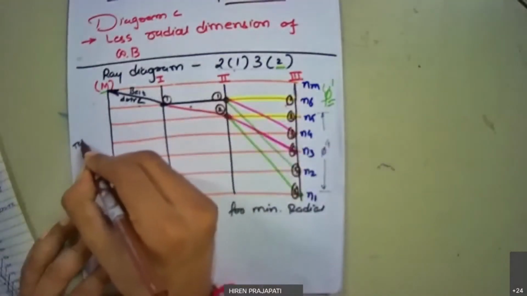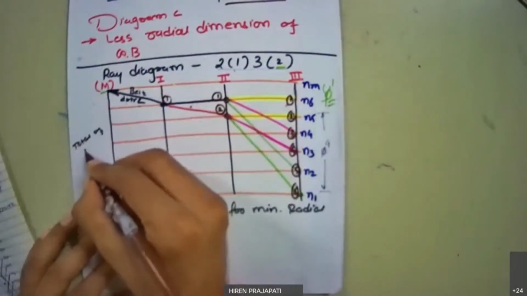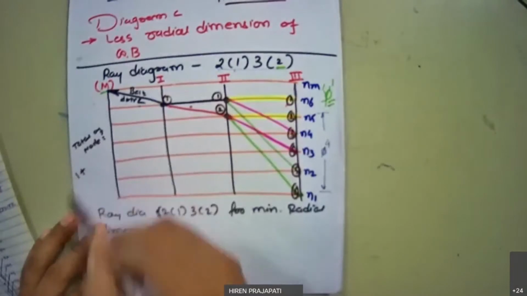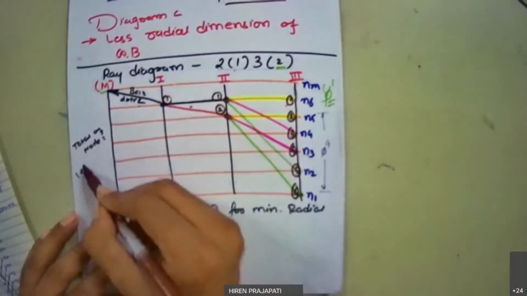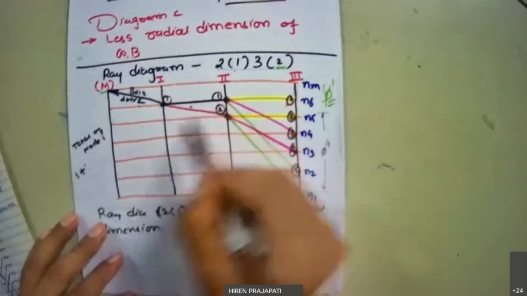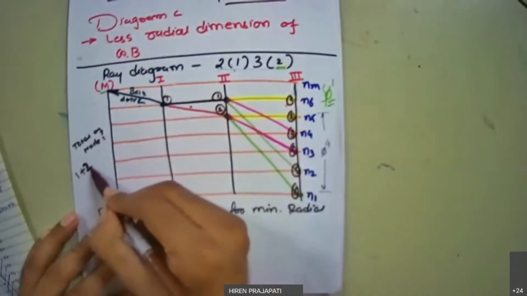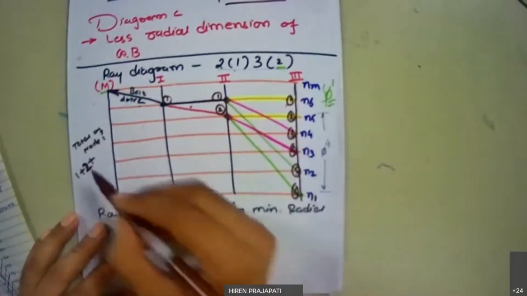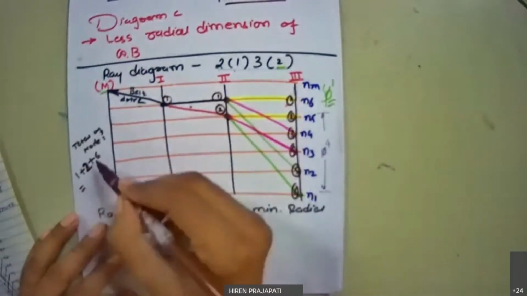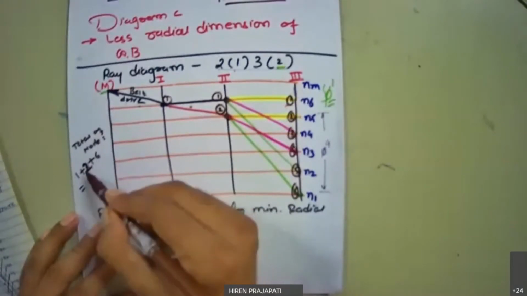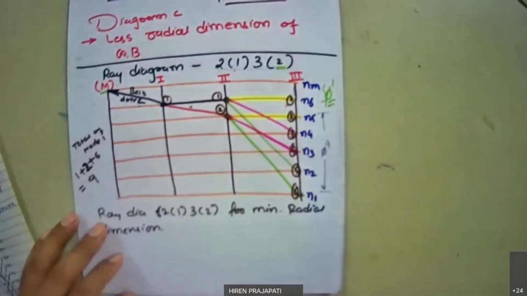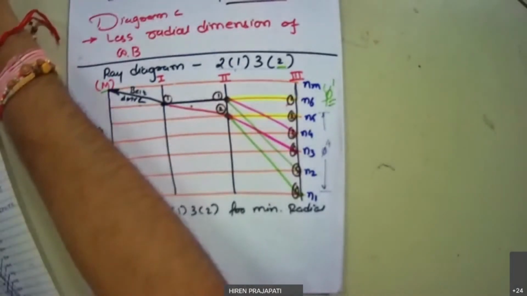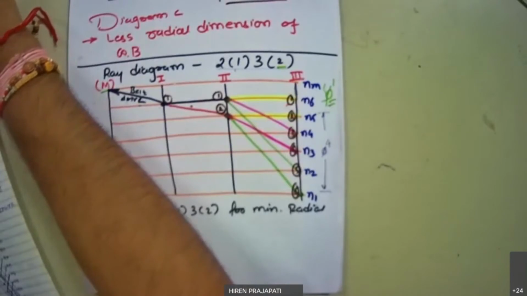Total nodes equals 1 plus, maximum node number for shaft 2 is 2, plus maximum node number on shaft 3 is 6. So the total node number is 6 plus 3, 9. Right? Now let me again share the ray diagram provided by Pratik.